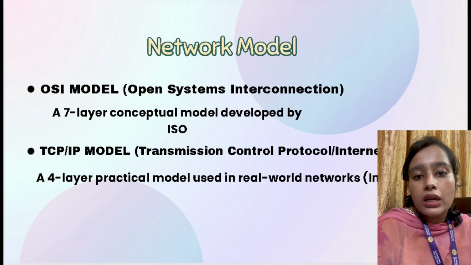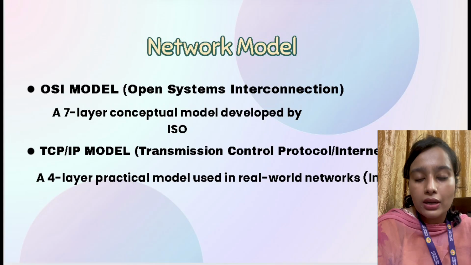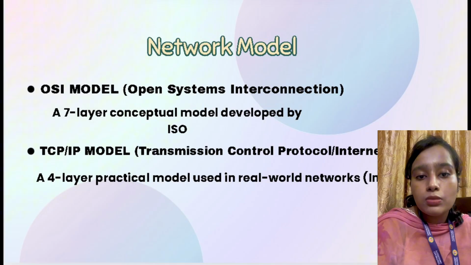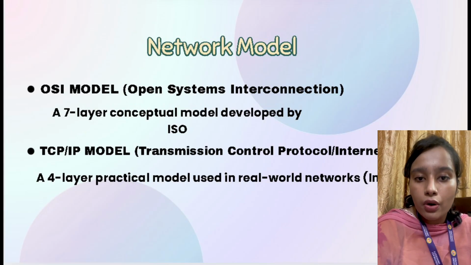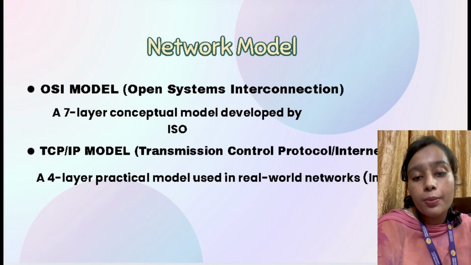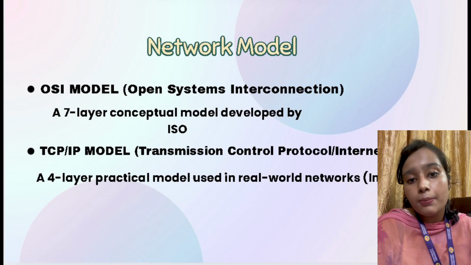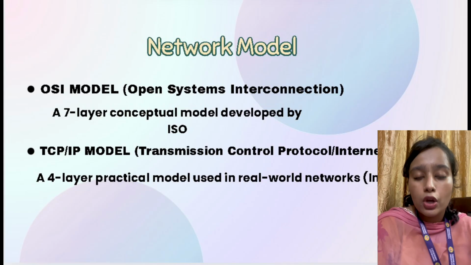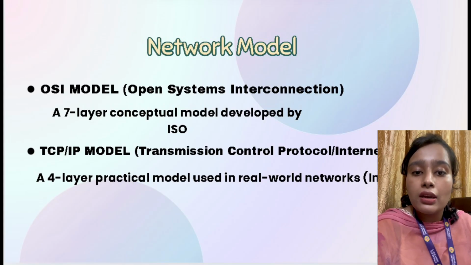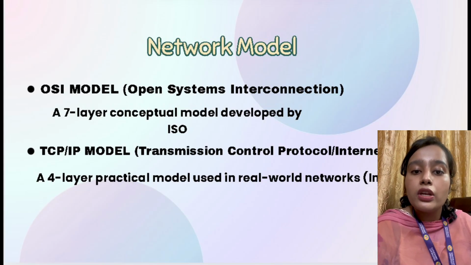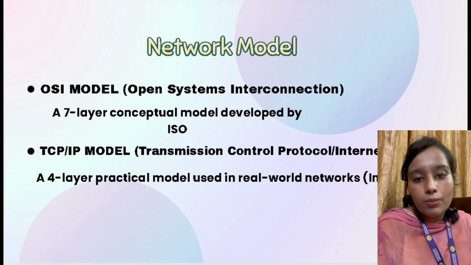The other one is the TCP/IP model, Transmission Control Protocol and Internet Protocol. It has 4 practical layers which is used in the real world. As an example, we can say internet. So these two main models are the definition of network model.